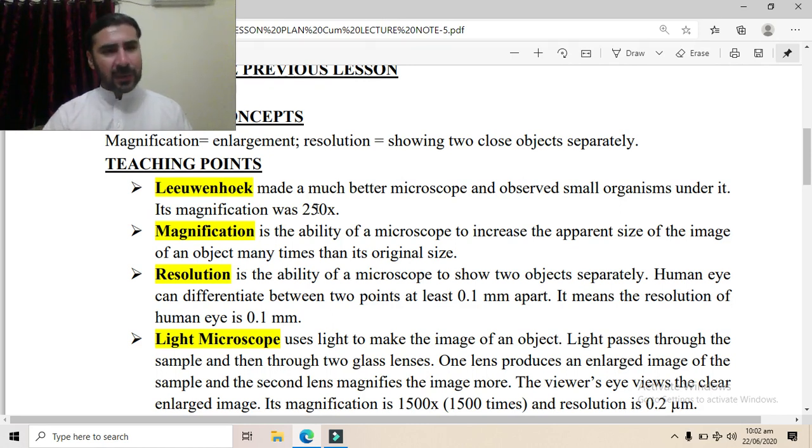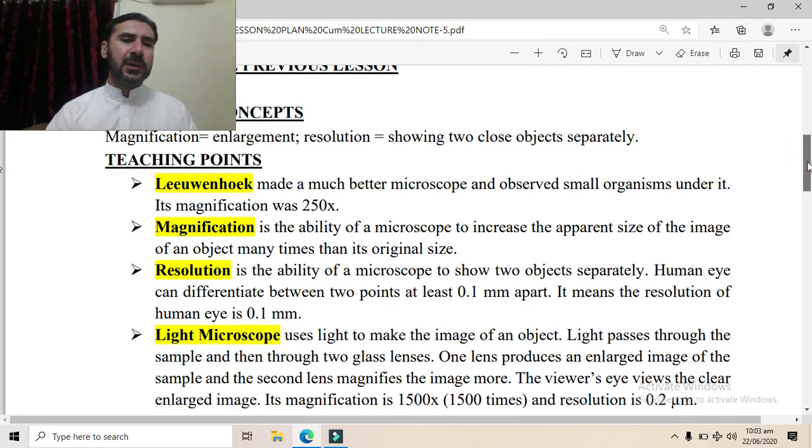This was comparatively better, though not so advanced. Its magnification ability is 250x, means 250 times. It means this microscope was able to enlarge the image of an object up to 250 times the original. So this is a comparatively better microscope.